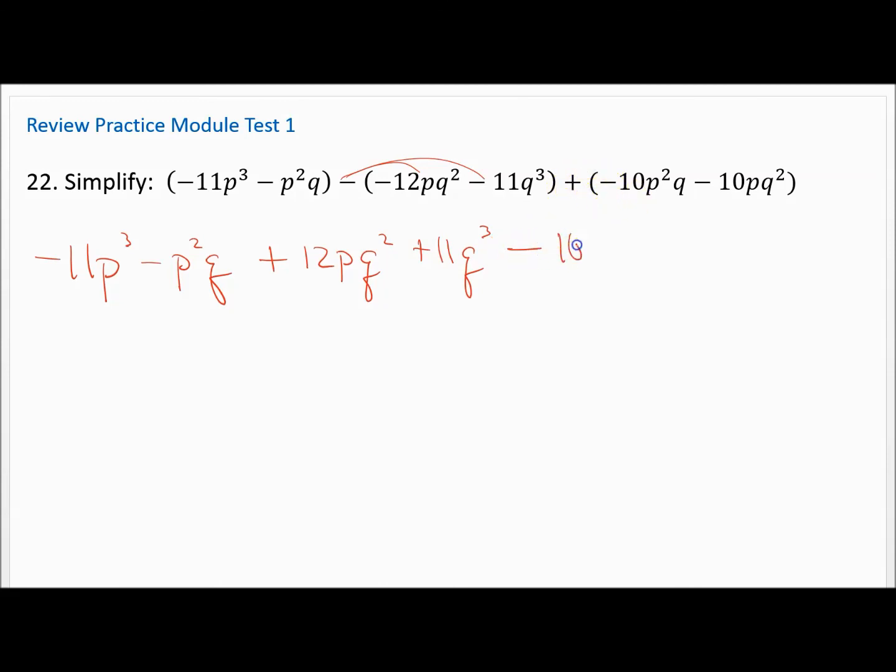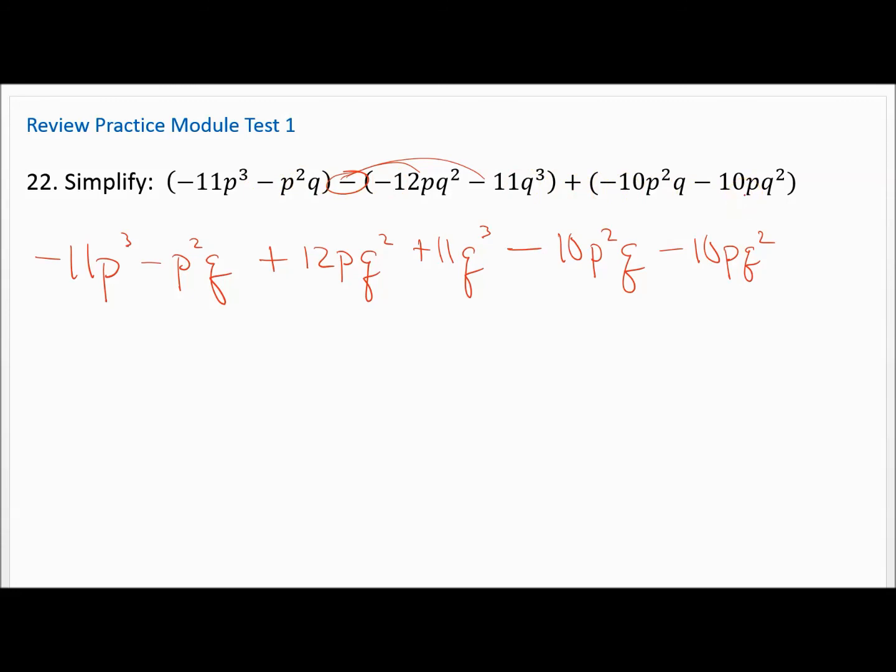So this is minus 10p squared q. Again, notice the sign of the 10 did not change. It's negative here, negative there. This stays the same as well, negative pq squared. So pay attention to when we changed and when we didn't. Only when there's a negative in front of the parentheses does it change the signs after it. These stayed the same and these stayed the same.